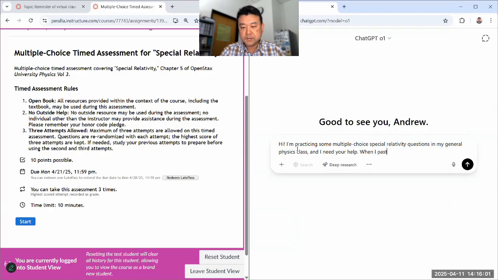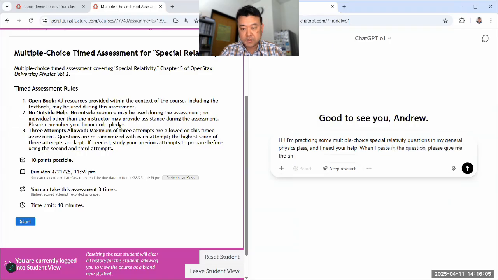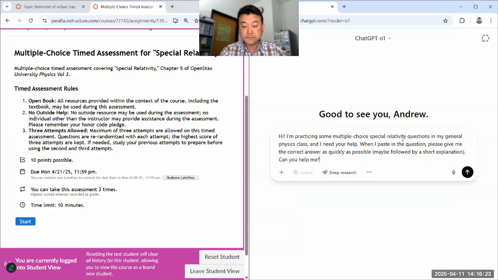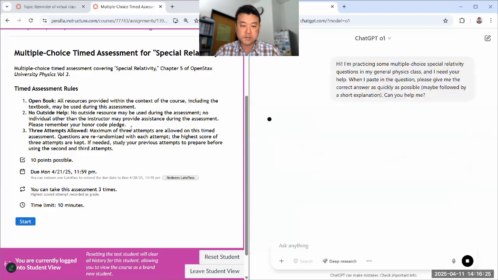When I paste in the question, please give me the correct answer as quickly as possible, maybe followed by a short explanation. Yes, can you help me? And it'll acknowledge, and I'll start.